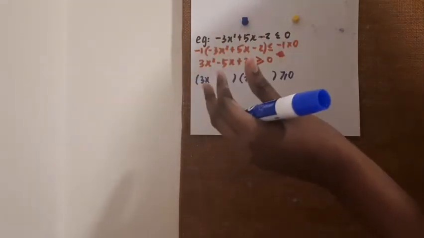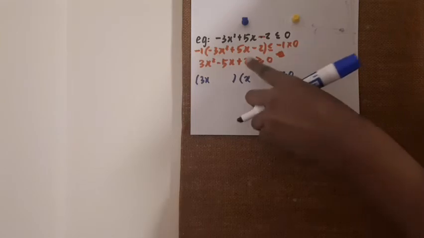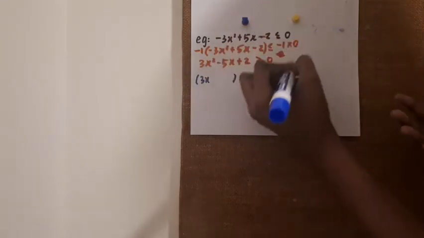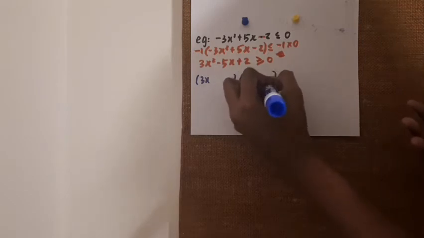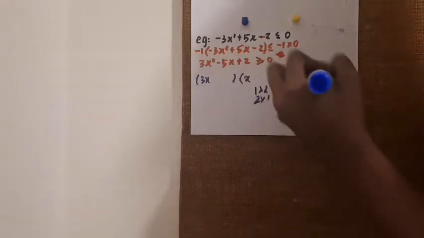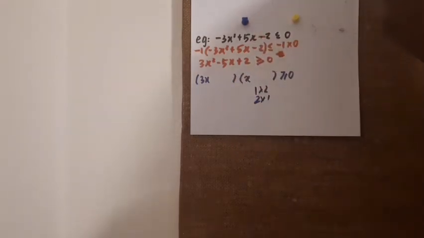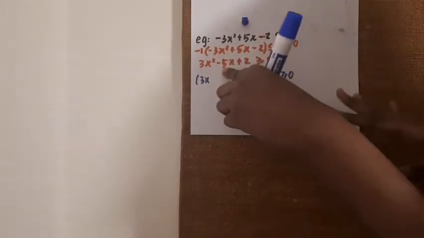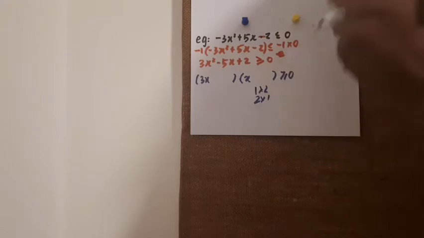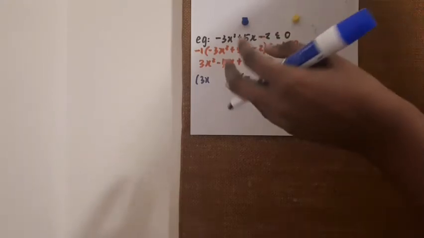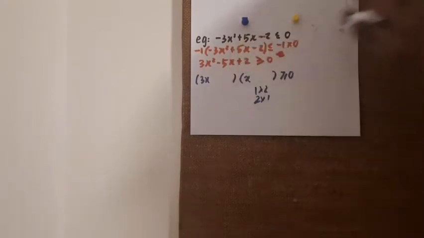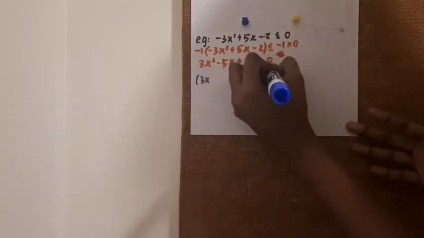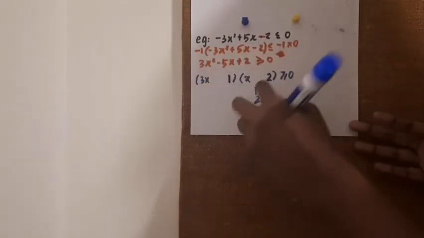No particular order. And here we have 2, which means you can express this 2 as 1 times 2 or 2 times 1. But again, think wisely, because we have 5 here, which means something times something minus something is 5. So we will get 2 here.